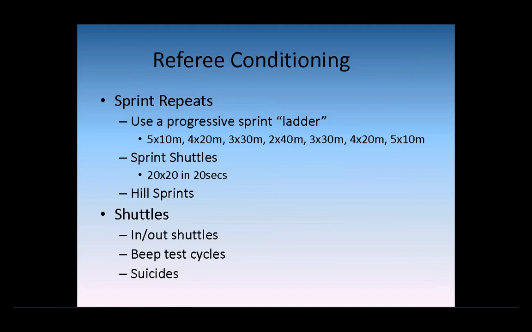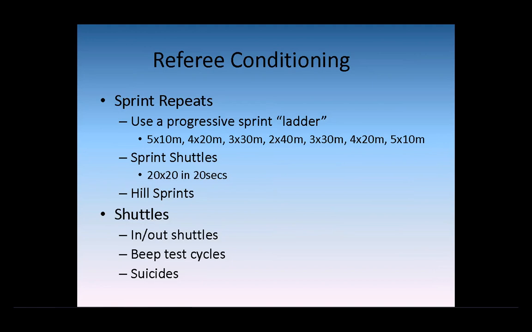Some of the great things that I think fit very well in the season, and are close to what the referee has demands on in their game, are progressive sprint ladders, where you can set out for yourself cones at 5, 10, 15, 20, or 10, 20, 30, 40 meters.